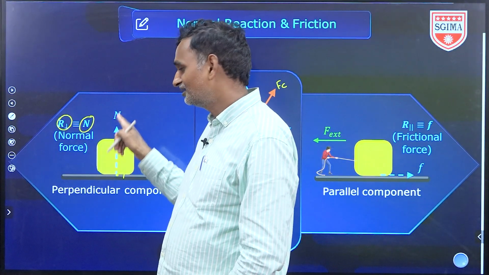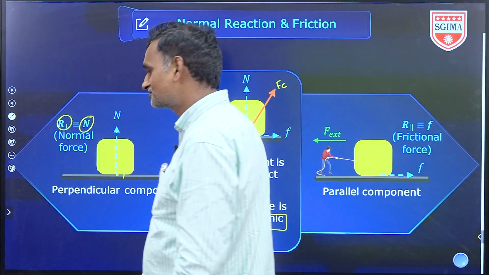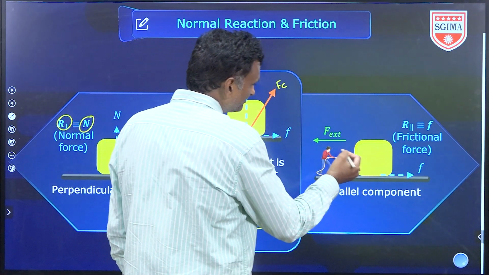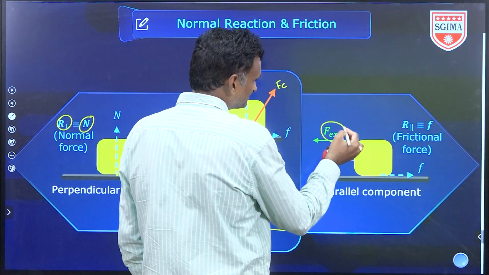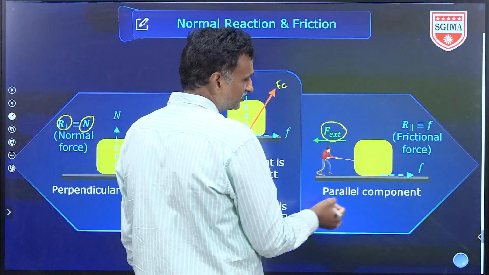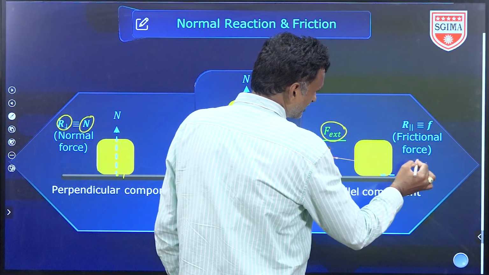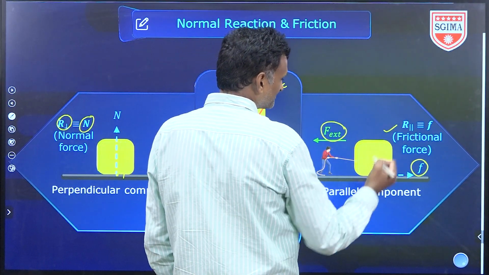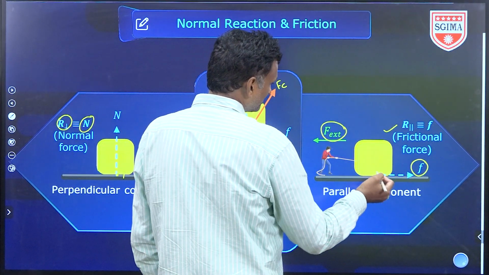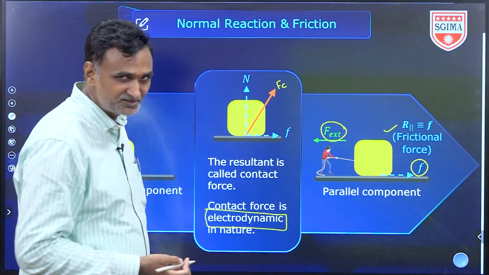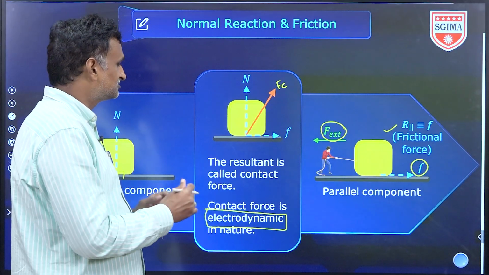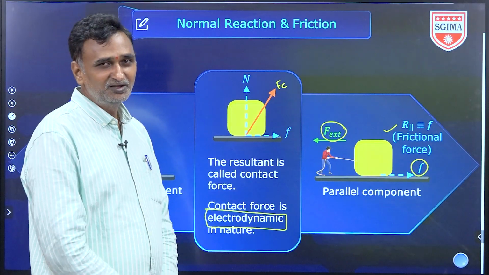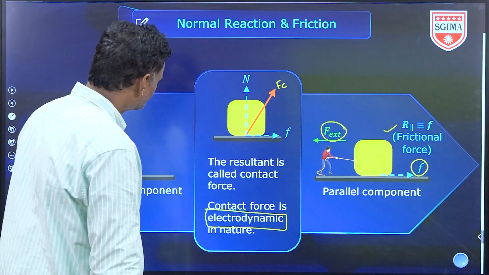Next, the parallel force. Parallel force means whenever one person applies some force on the body to pull it, some dragging force acts opposite to motion. That force is called frictional force. It is the parallel component at the contact between the surfaces. This is how a contact force is divided into normal and friction force.